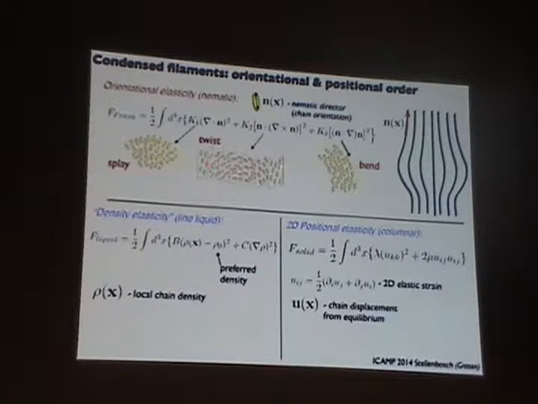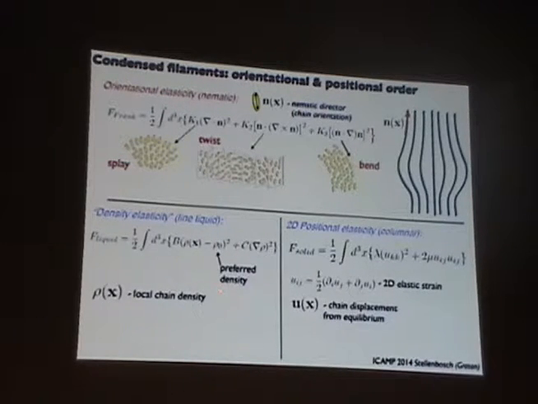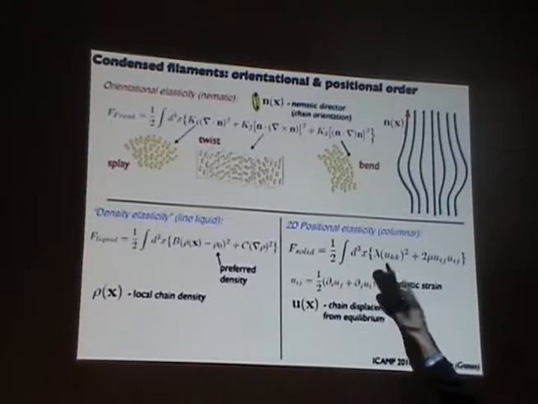Okay, so these things are here because this is a material which has an orientational order parameter. It's really a tensorial order parameter if we're doing it carefully, but it's almost lunchtime. So we have this orientational order parameter, but at the same time, depending on how dense the material is, there's also some type of elasticity, some response of the system to changes in either the density or the positional order.